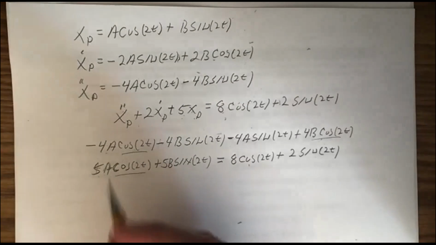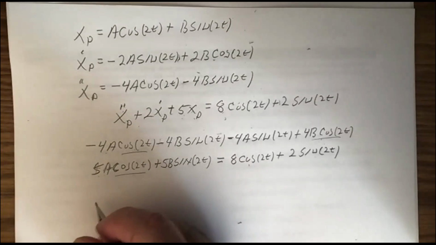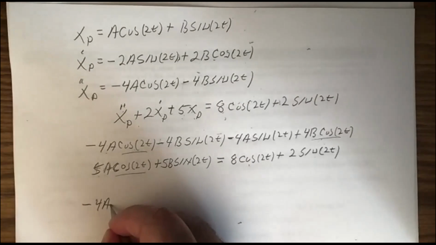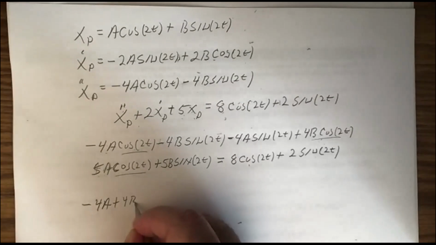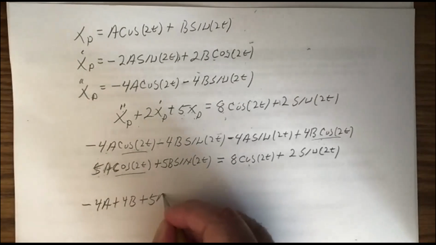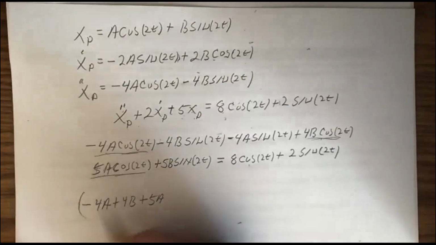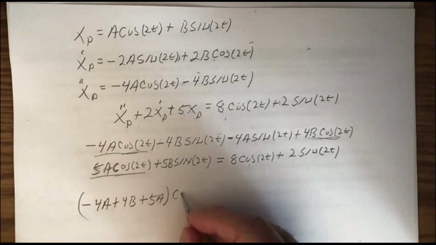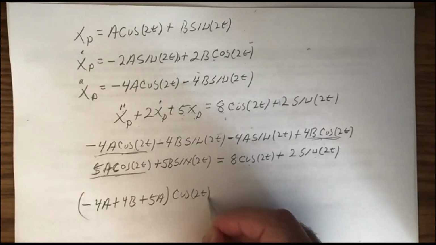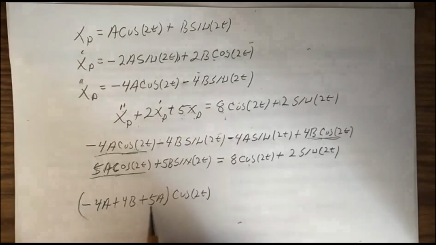I can write this as minus 4a plus 4b plus 5a, right? I'm just looking at the cosine terms. And then this is going to be cosine of 2t.